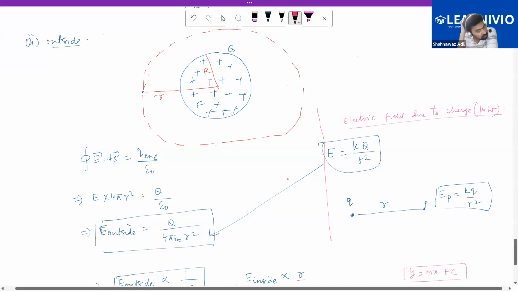Should I scroll it down? What about you, Rishta? Note it up to this point. Yes, sir.